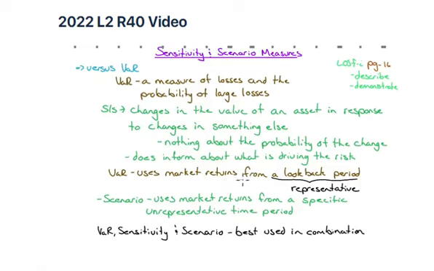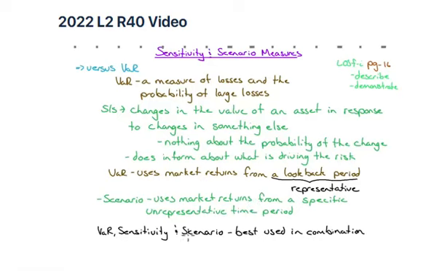Value at risk uses market returns from a look-back period, a representative period. Scenario analysis uses market returns from a specific unrepresentative time period. That's scenario. If we're going into hypothetical measures, well, then there is no specific time period. It's just an imagined event, right?